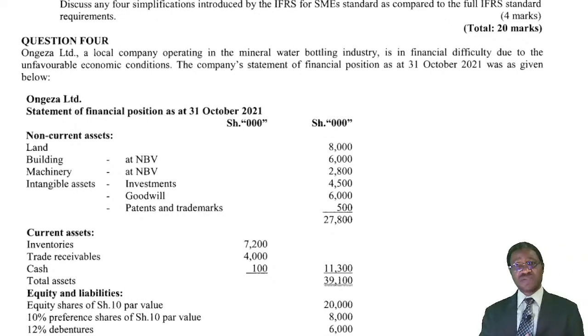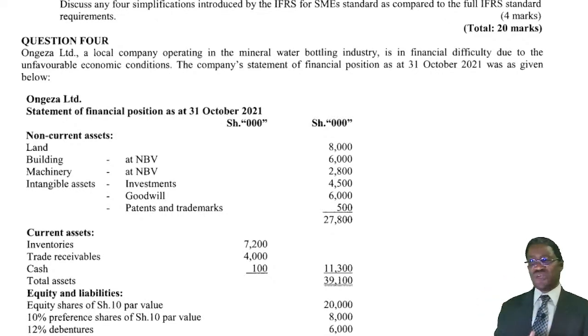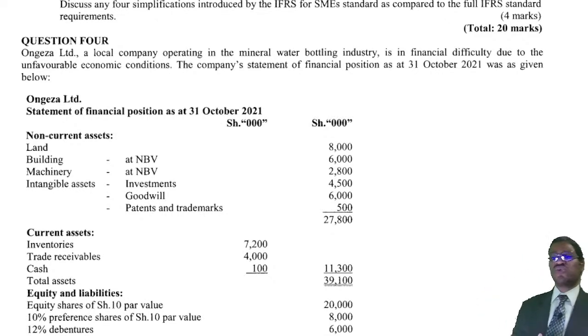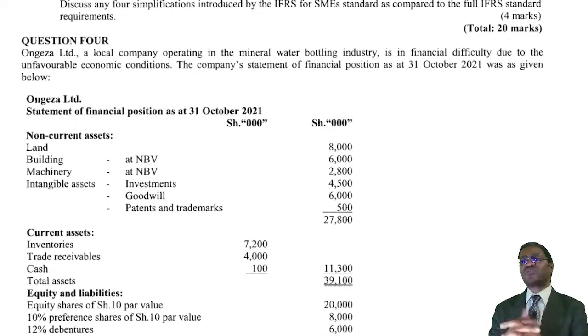It says, Ongeza Limited, a local company operating in the mineral water bottling industry, is in financial difficulty due to unfavorable economic condition. The company's statement of financial position as at 31st of October 2021 was given below.